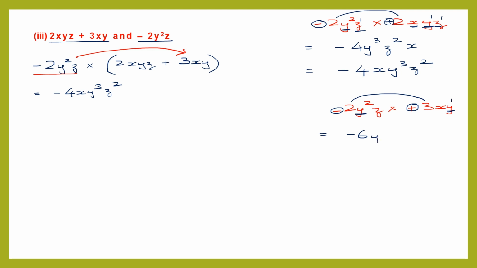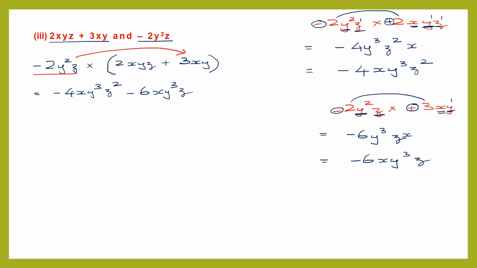So that makes it y to the power of 3. Then here we have one z, there we don't have a z, so let's write z, and then we have an x here, let's write x. Let's rewrite this: minus 6, now putting the letters in order, x, y to the power of 3 and z. So let's write that here, so here it becomes minus 6x y to the power of 3 and z.